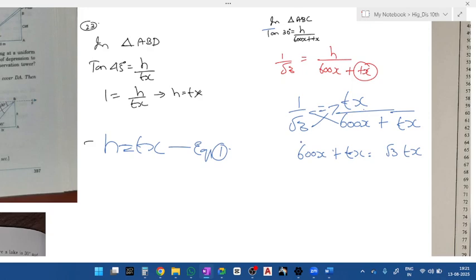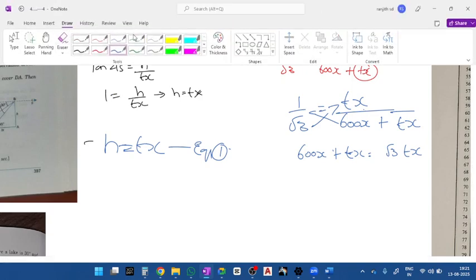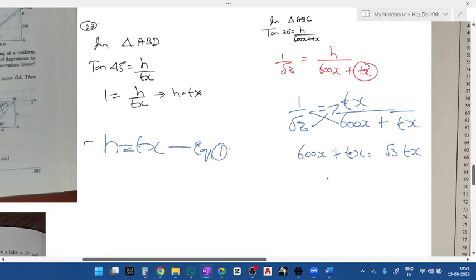Others completed. Naomi, Cherisha done. Okay, what is common here to the left hand side? What is common? 600x plus tx. What is common to them? So 600 plus t is equal to root 3 tx.